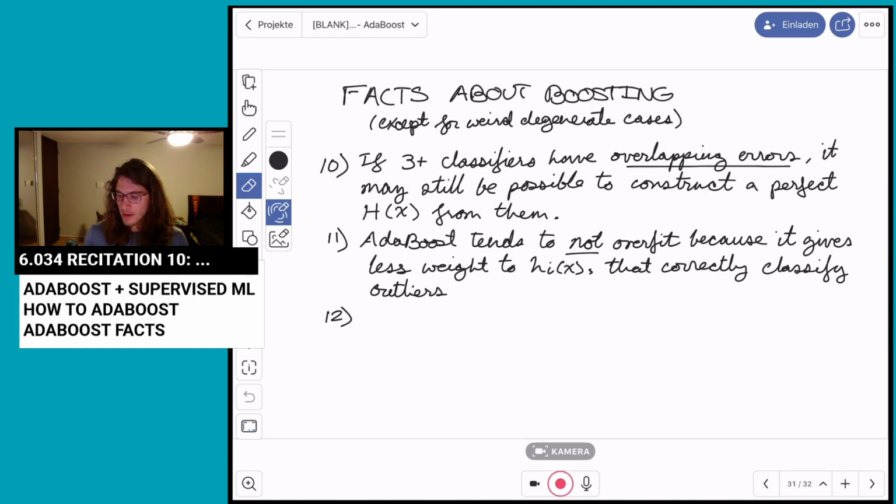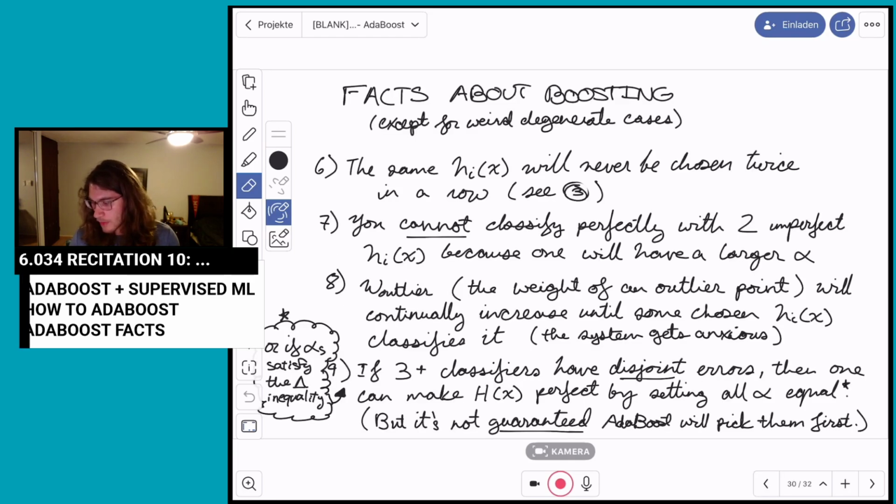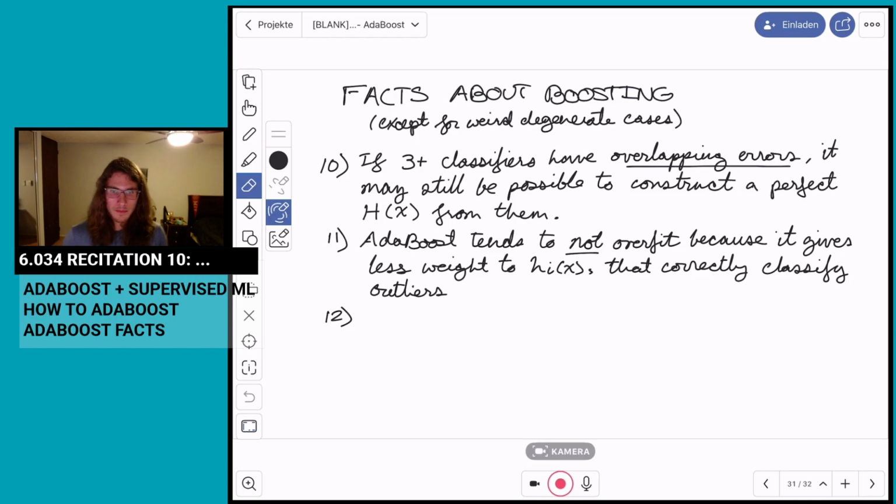And number 11 is a direct consequence of number 8 with the outlier here, because adaptive boosting will prefer classifiers that have the lowest error rate first, and then if everything else has been correctly classified and you still have outliers, that's when the weight of the outliers is going to become critical. But otherwise, classifiers that classify outliers well have overfit the data.